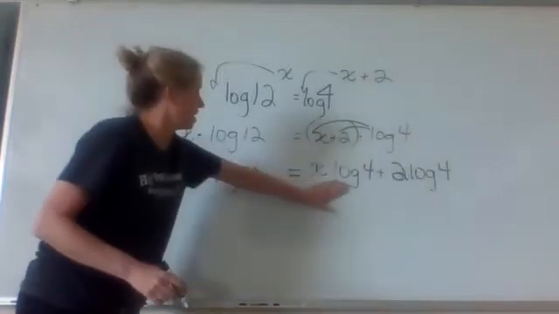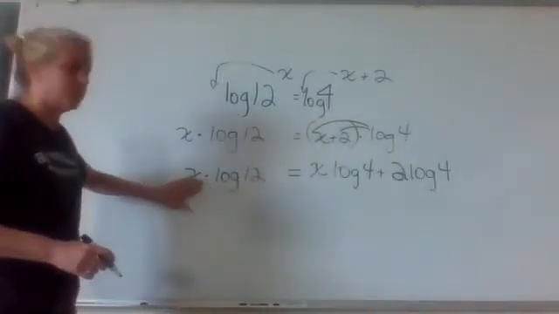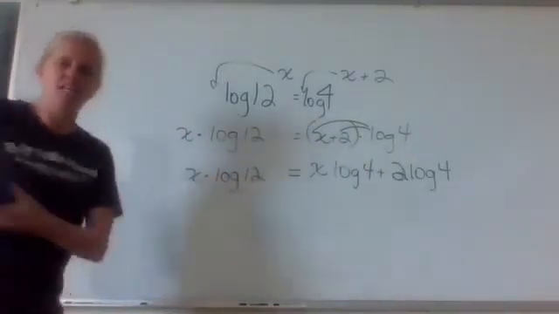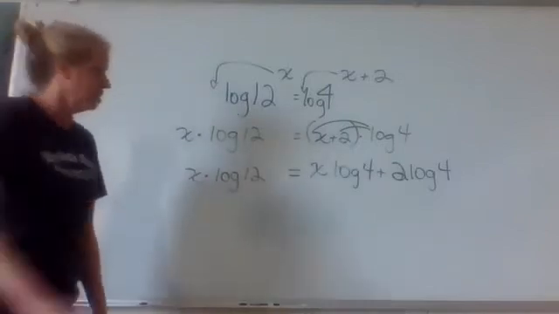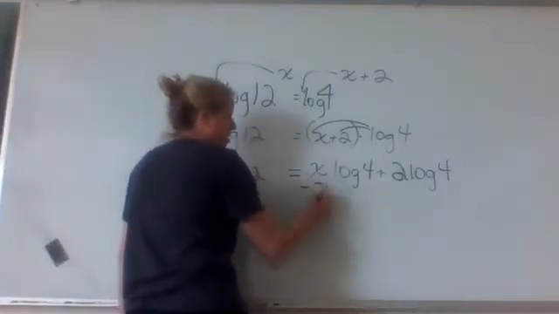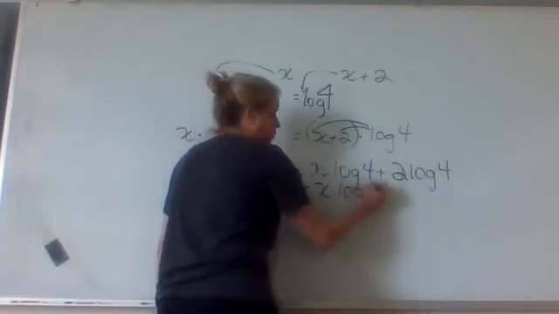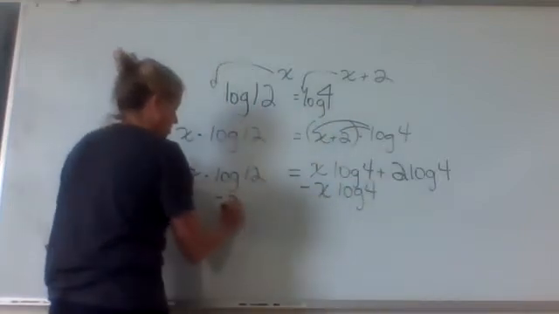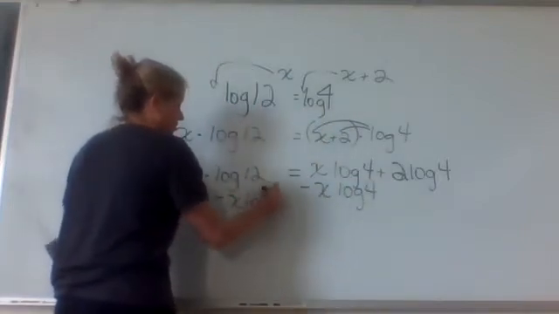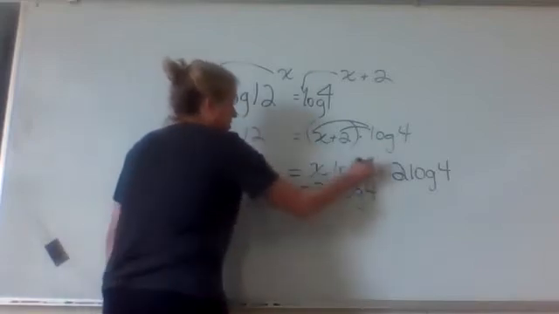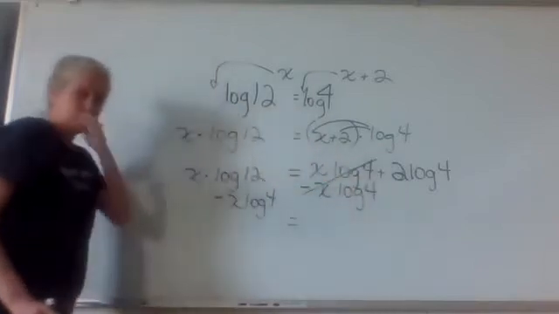So I'm going to put this x term over here, so it'll be with this x term, and then I'm going to pull out the x. So let's see, if I'm going to move this over here, I need to subtract x log 4 from both sides. That one cancels.